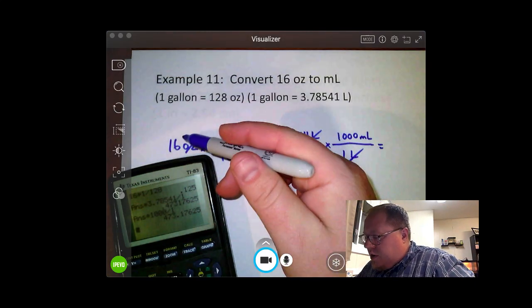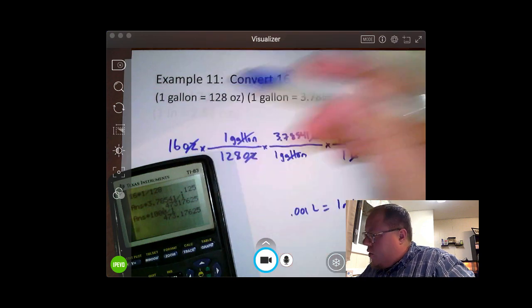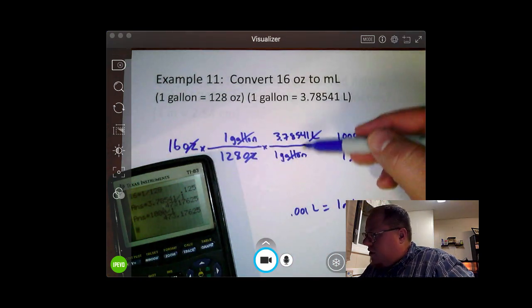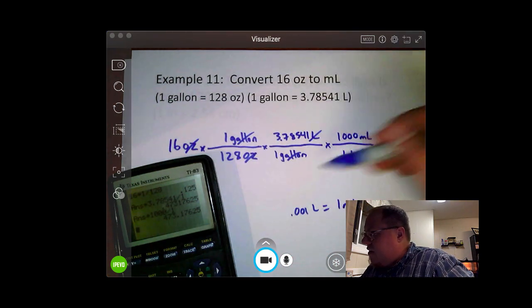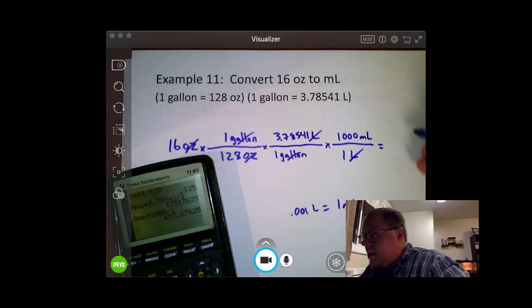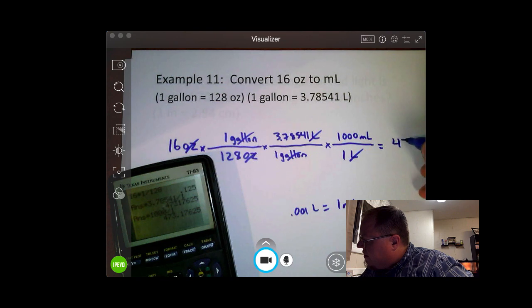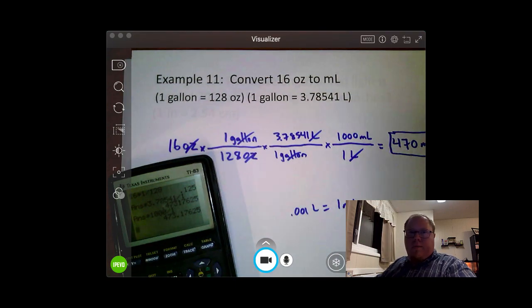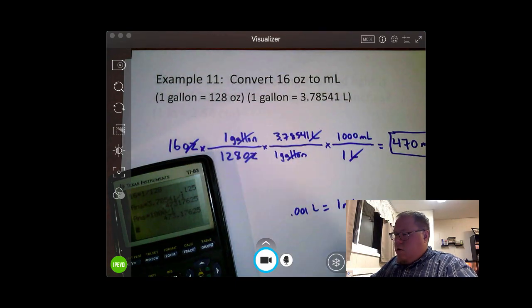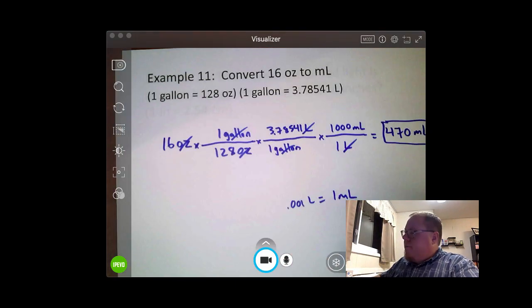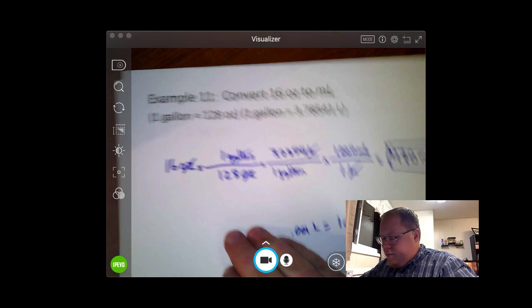This only has two significant figures. So this is how this is equal, this is how this is equal, this is how this is equal. So let's have infinite sig figs because that's how they're defined. So it's two significant figures here would be 470 milliliters. Okay? Got 3 steps to get there based on what I knew.